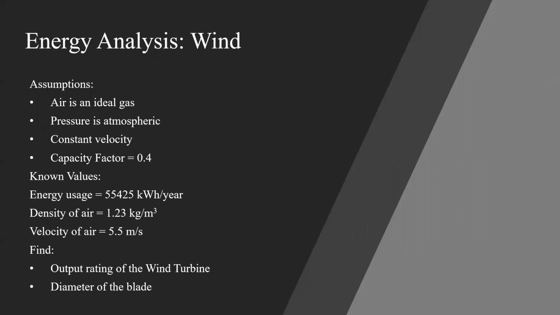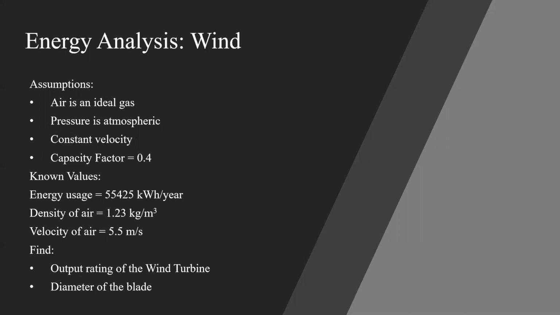For the wind energy, using the same baseline energy use, we calculated the output rating of the turbine and then the diameter of the turbine that we need to produce that amount of energy. Our assumption was the velocity is constant and the capacity factor is 0.4. The capacity factor is just the ratio of the average output of the turbine and the maximum output of the turbine.